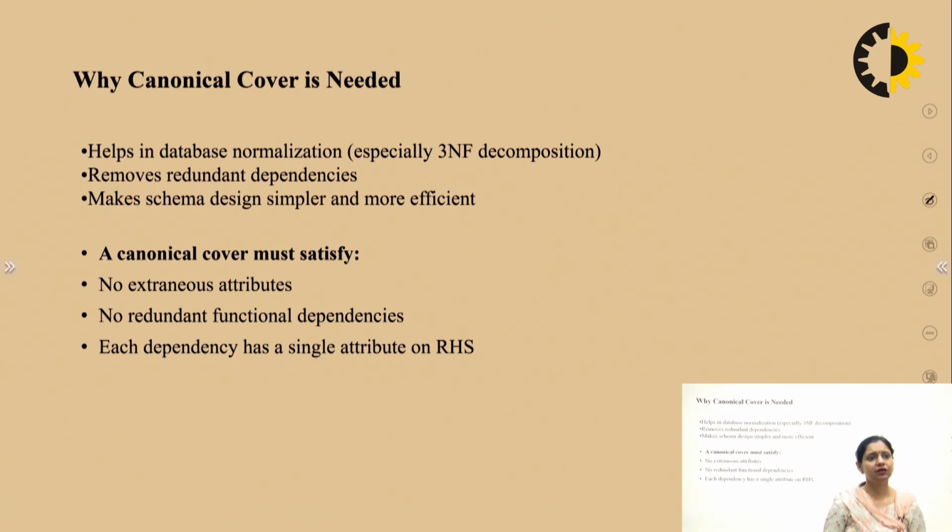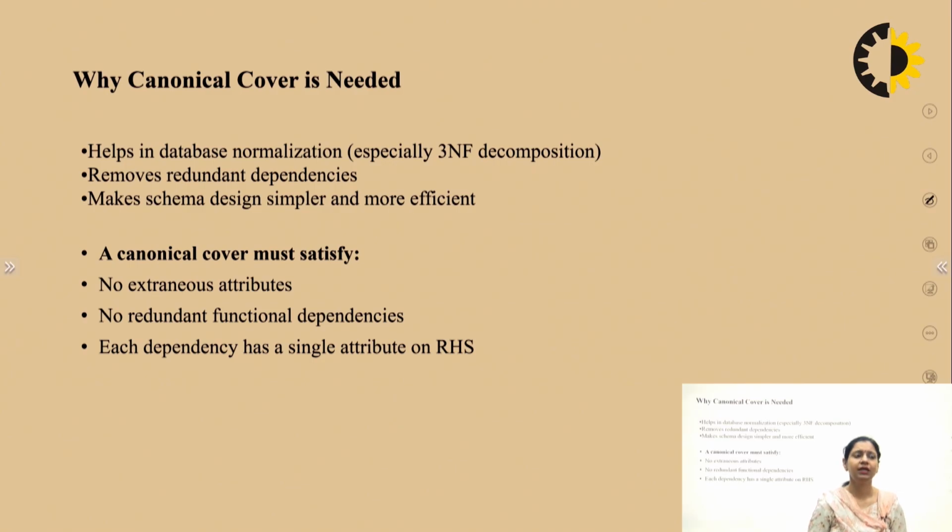So the canonical cover helps in database normalization, especially when we are on to the third normal form decomposition. The third normal form basically says that the table or the relation should be in the second normal form and there should not be any transitive dependencies. So this canonical cover helps to remove the redundancy whenever we are working with normalization.